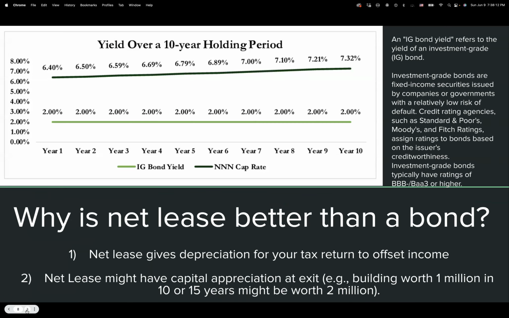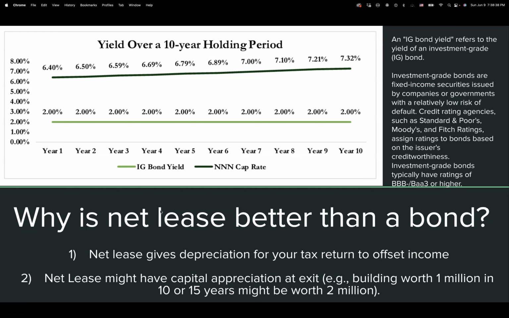How do net leases compare to, say, investment grade bond yield? And bonds are a great investment. They're something that every portfolio should have, especially if you're looking at corporate income bonds. Those can be really beneficial. But net lease, in some cases, can be comparable to what you would see on triple net cap rate. It varies a little bit. And this is, of course, just a sample to show you an idea.